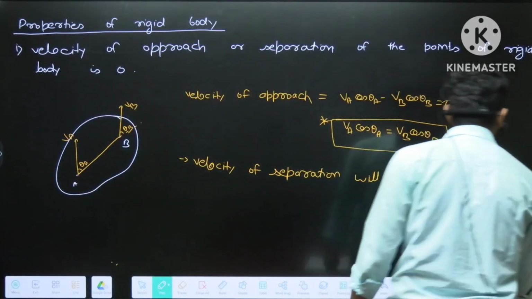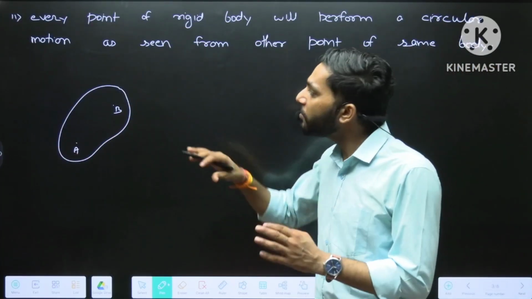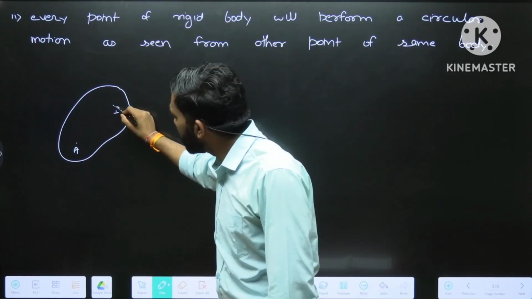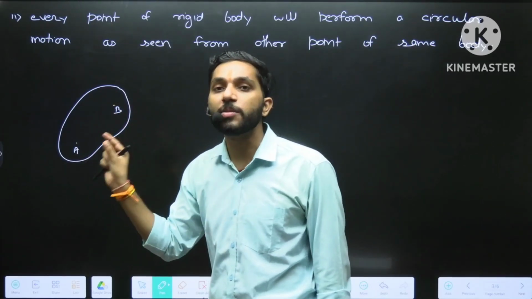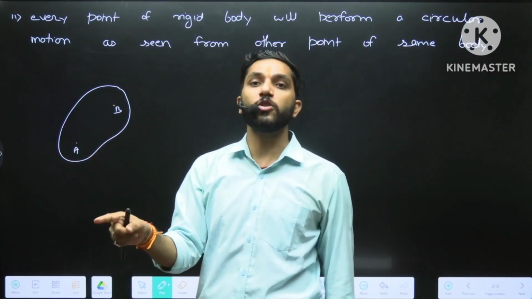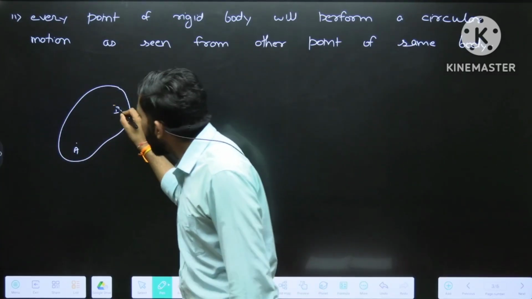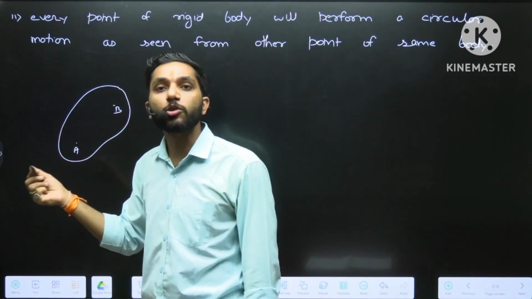Let us see the second property. If we have a rigid body and that body is moving, and you observe any point of the rigid body with respect to another point of the same rigid body, the motion of B will be observed as circular motion.